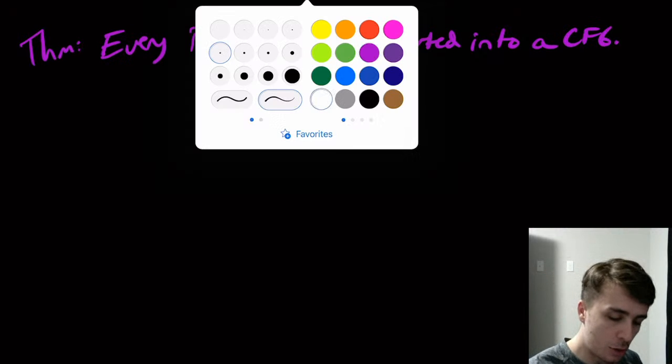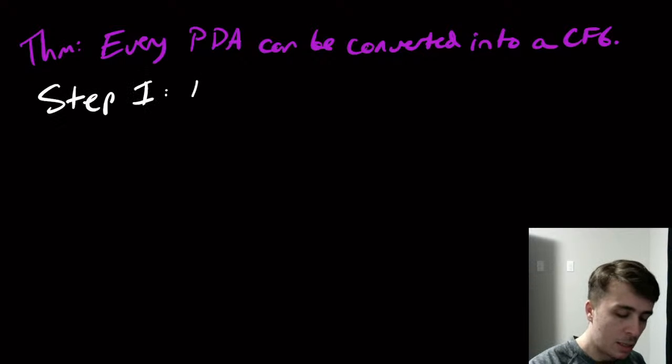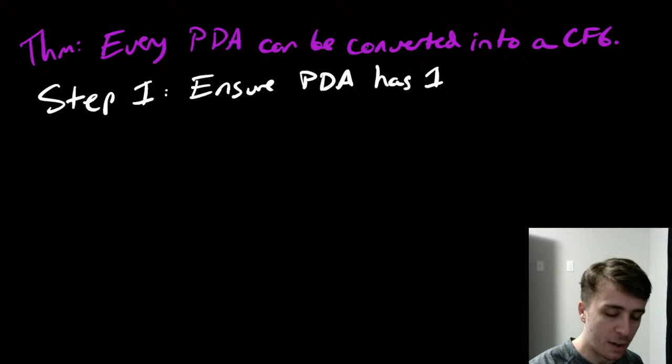So how do you actually do this? Well, the first thing we need to do, I'm going to write it this way, is a bunch of steps. Step 1 is to ensure the PDA has exactly one final state.